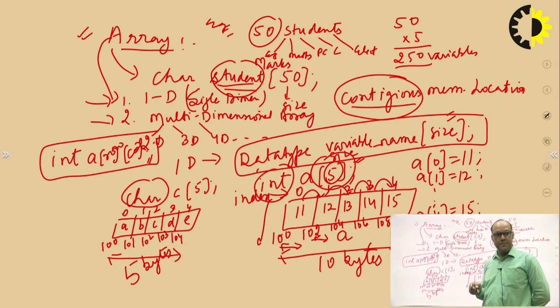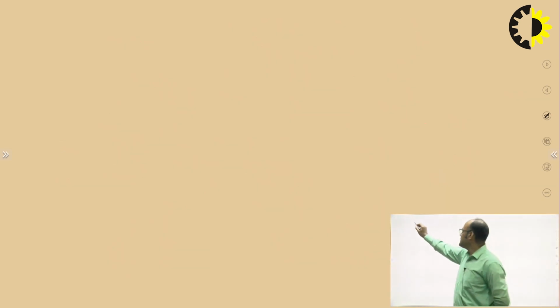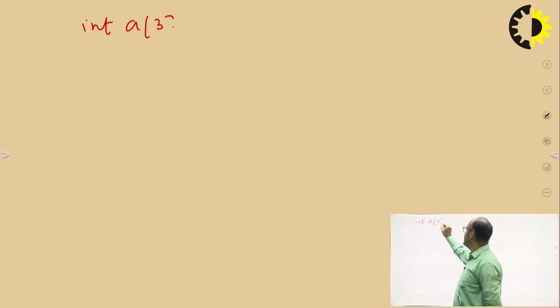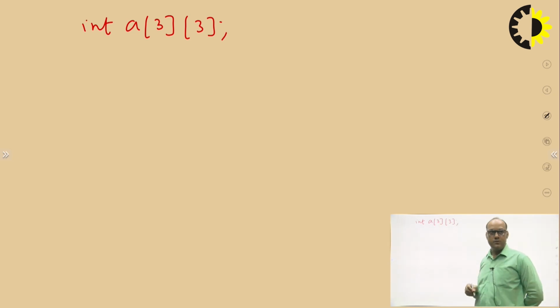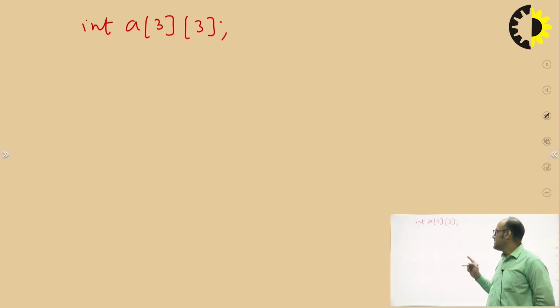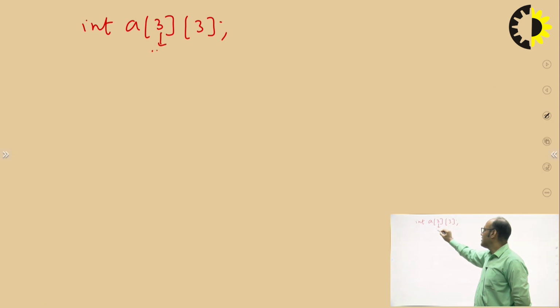For example, int A[3][3]. I have declared a 2-dimensional array. This will represent the row size, and this will represent the column size.